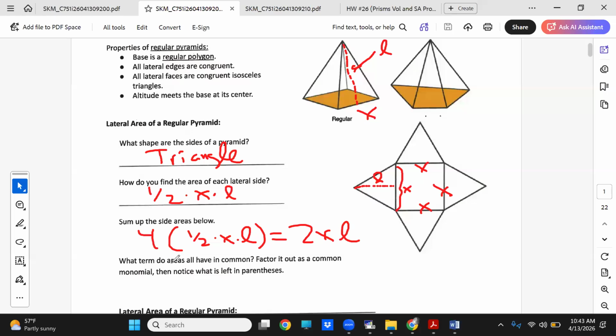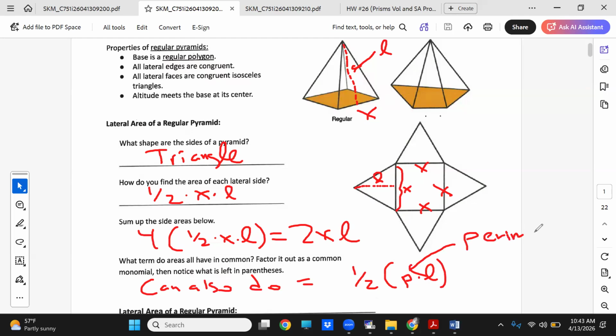So you can think of it like perimeter. You can also do it where that's the perimeter of the square base.